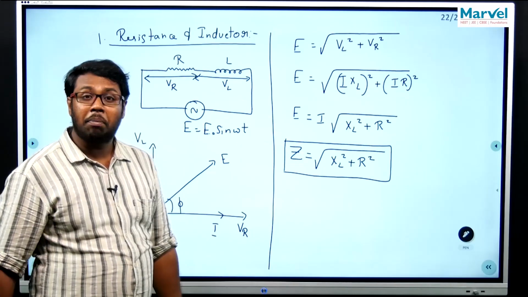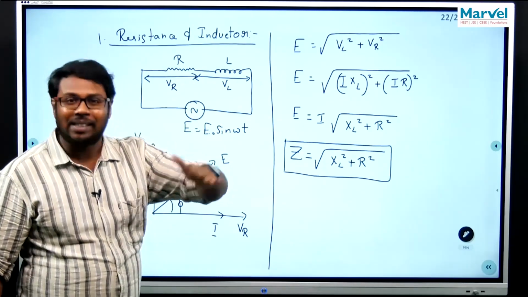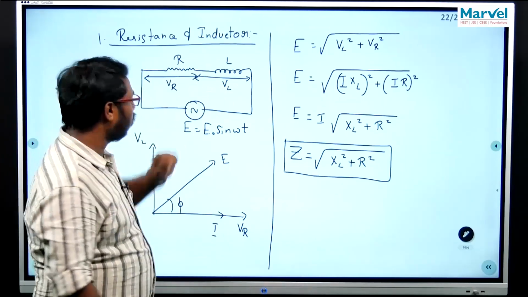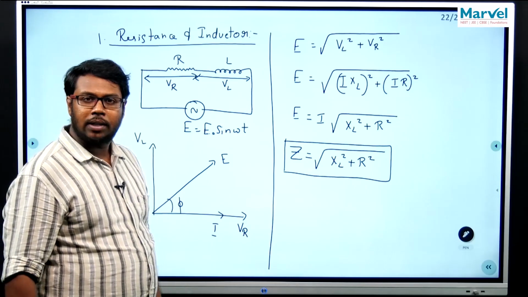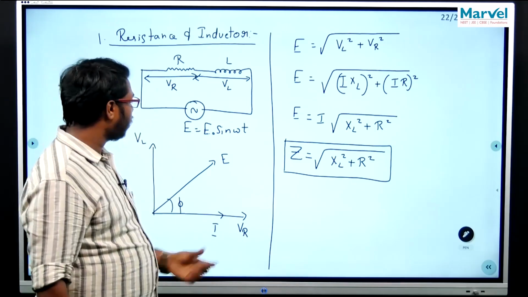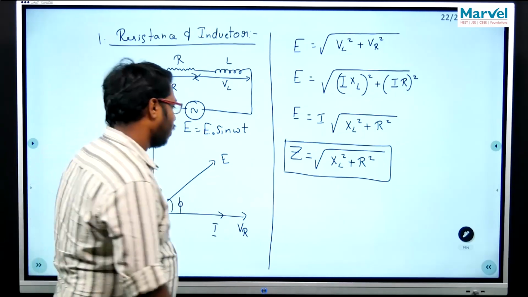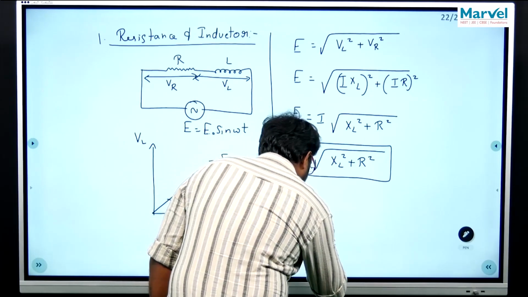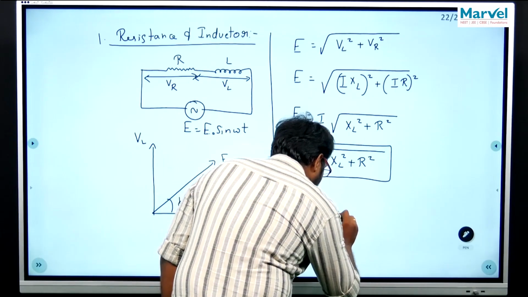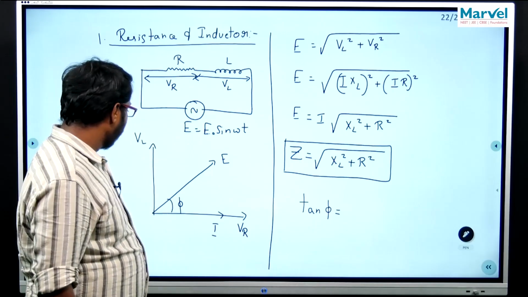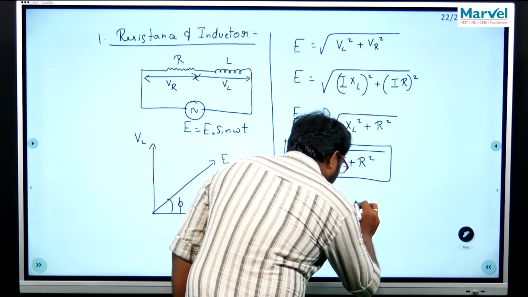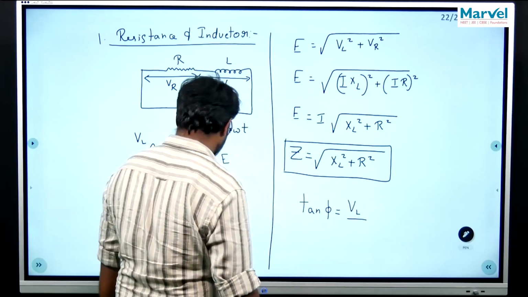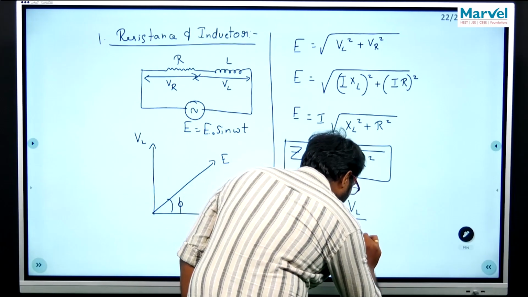This Z is nothing but the total resistance offered by this particular circuit, and it is given like this, where tan phi is equal to opposite by adjacent, which is VL by VR.